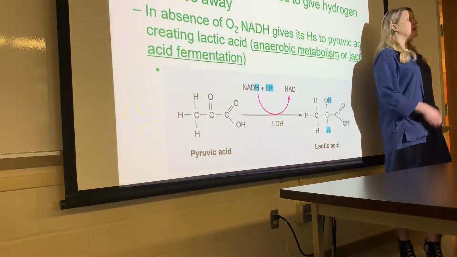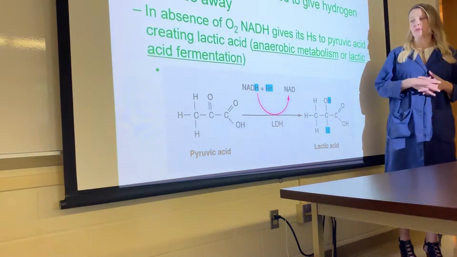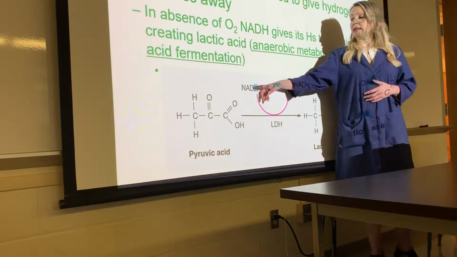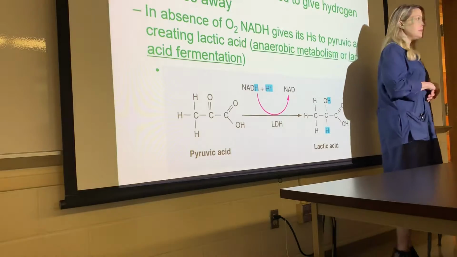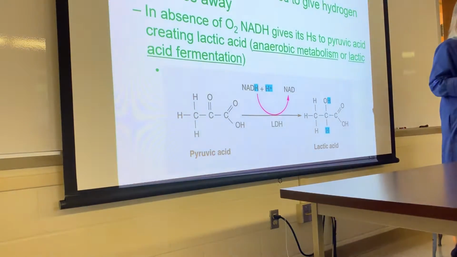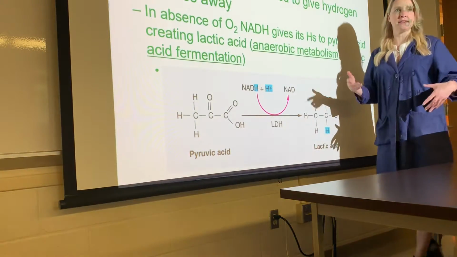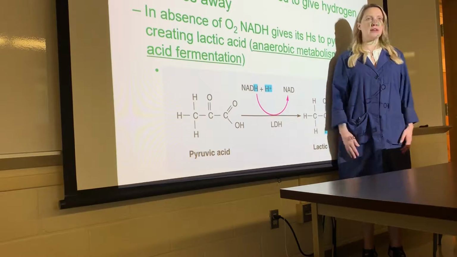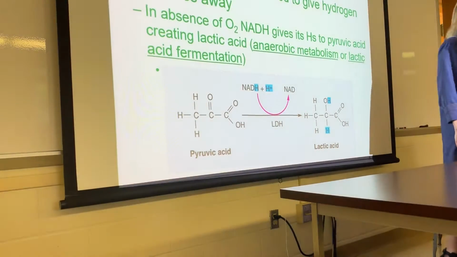Remember that oxidation and reduction reactions, known as redox reactions, are coupled. So pyruvic acid gains the electrons and hydrogens, NADH plus H loses and becomes NAD again. And now these coenzyme carriers are not saturated and they can help with other processes. Otherwise you would end up basically stopping a lot of processes if you blocked up your NADs.